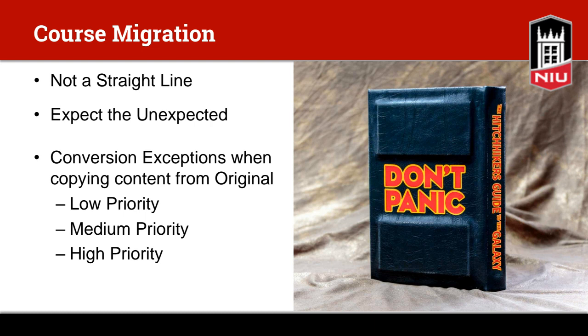If you see high priority exceptions, that's something you're going to want to investigate, because a high priority exception is something like a feature that's not supported, or something that just doesn't work, a dramatic format change, things like that. So that will affect the way your course is operating. So check those out if you see them.